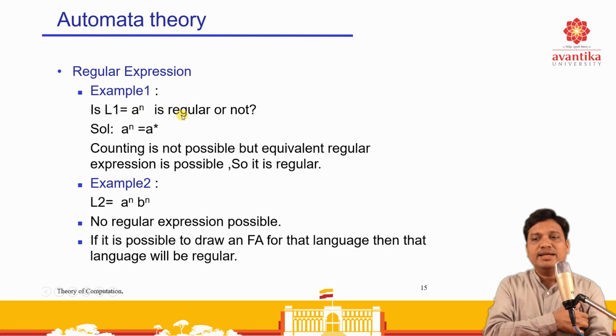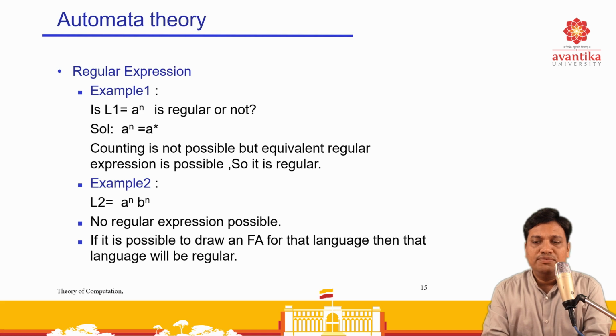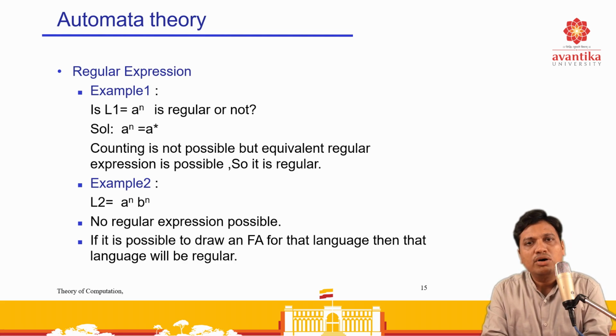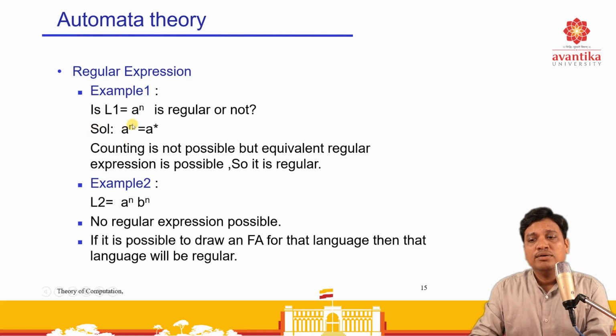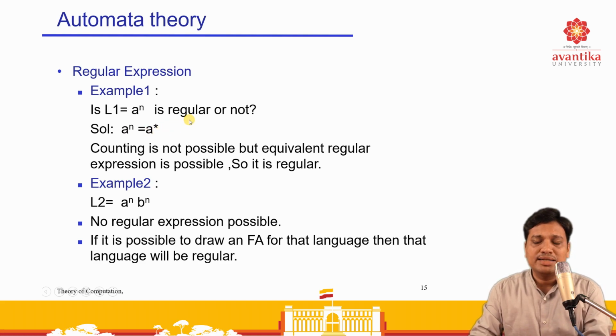Second example, after the equality, we check whether a given language is regular or not. So how to check it? Taking the first example, L1 equal to A to the power n: is it regular or not? The solution is that A to the power n is equal to A to the power star, because A to the power n accepts the values from 0, 1 up to infinite, similar to A star, which also accepts the values 0 to infinite.